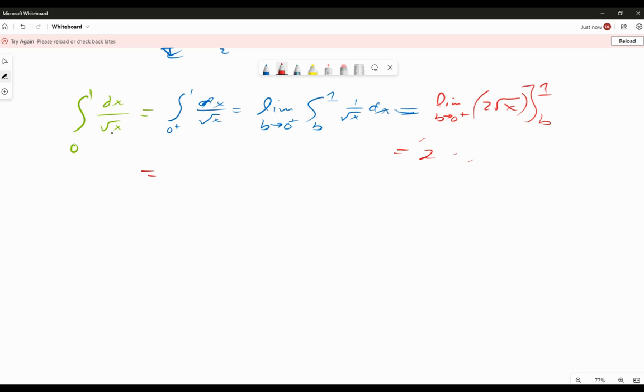And then we're going to get the limit as b approaches 0 plus, and that's going to be 1 minus the square root of b. So I plugged in my 1 and I plugged in my b.